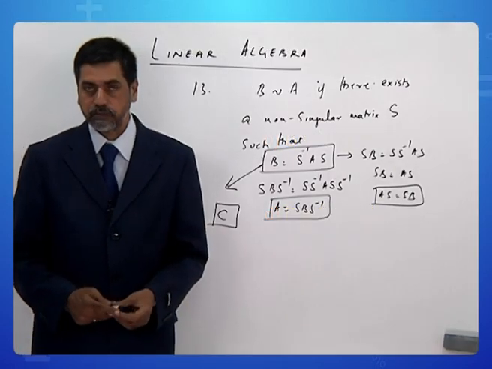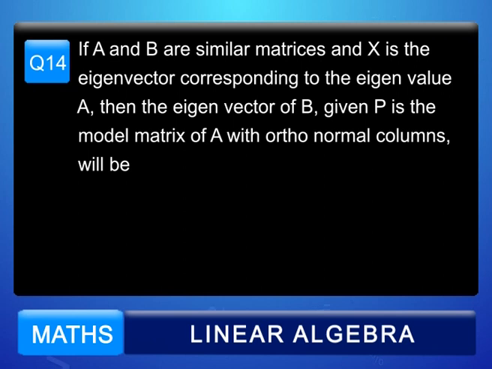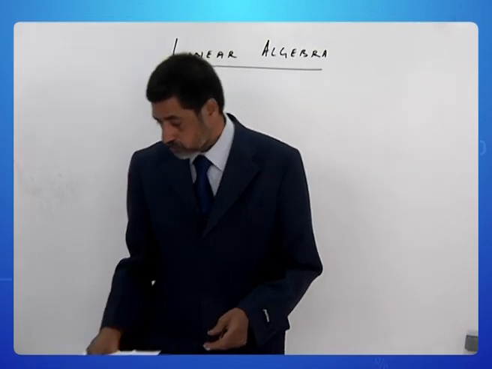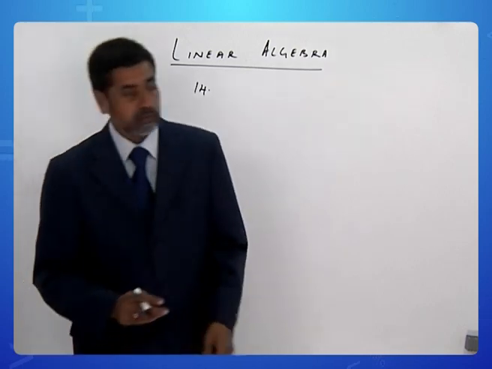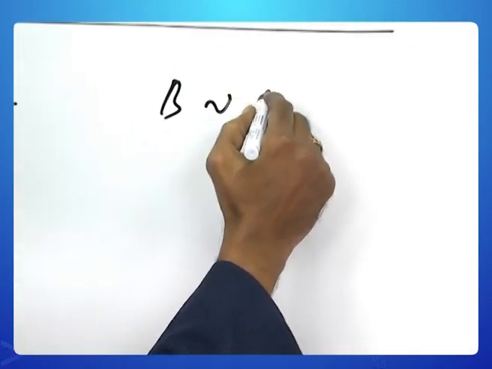Next question, please. Question number 14. If A and B are similar matrices and X is the eigenvector corresponding to the eigenvalue of A, then the eigenvector of B, given P is the modal matrix of A with orthonormal columns, will be what? Now this is a very important question. Suppose A and B are similar.